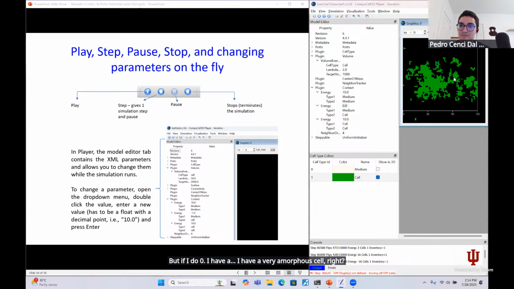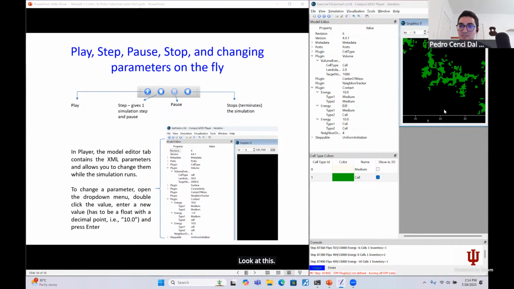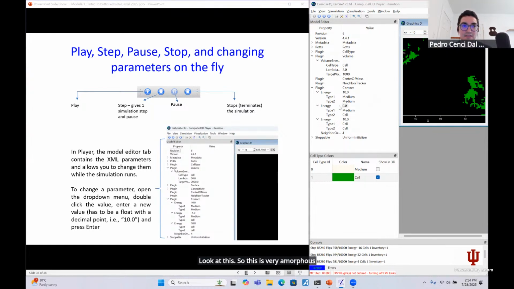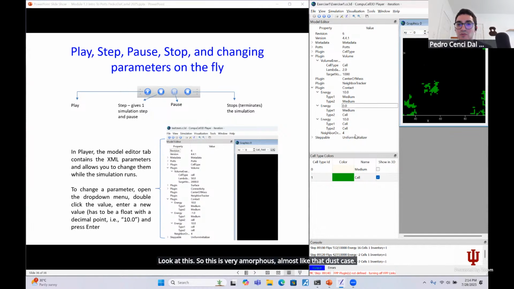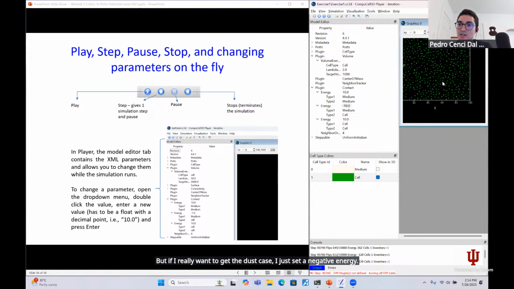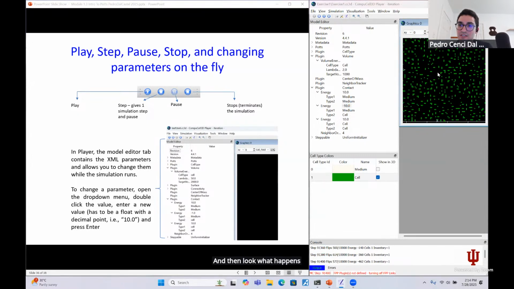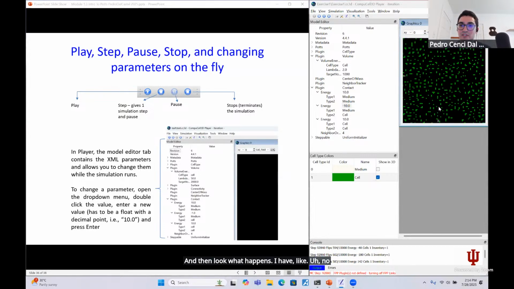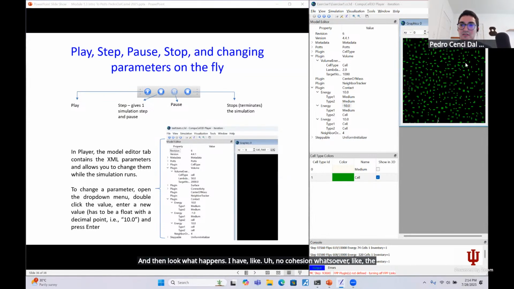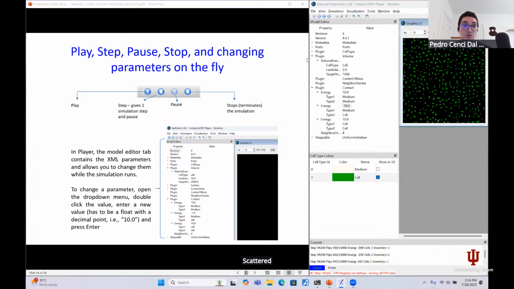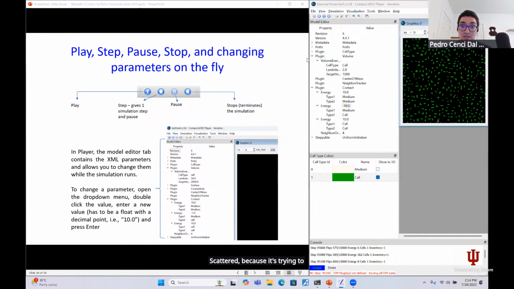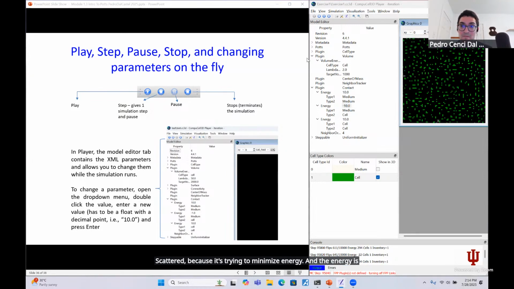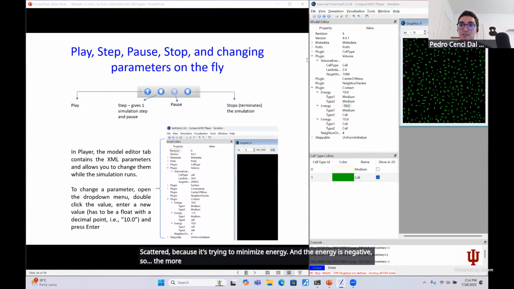Look at this. So this is very amorphous, almost like that dust case. But if I really want to get that dust case, I just set a negative energy and then look what happens. I have no cohesion whatsoever. The pixels are completely scattered because it's trying to minimize energy and the energy is negative. So the more contact, the better.